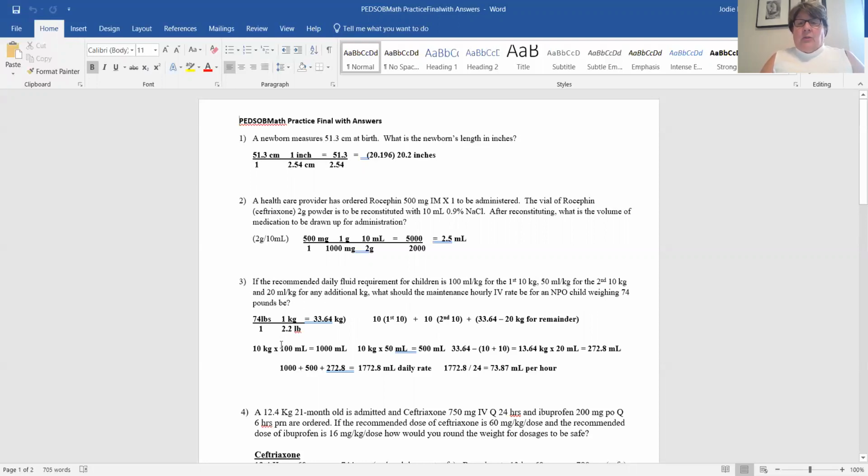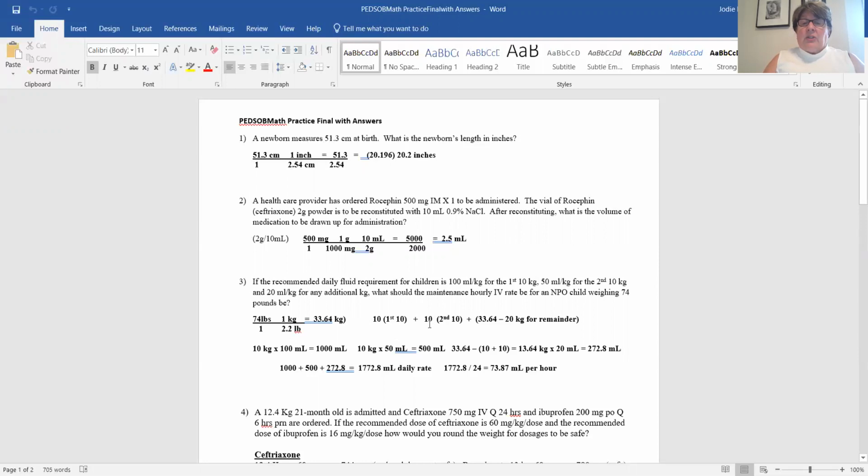So the first thing you're going to do in that problem is convert the 74 pounds to kilograms. When you look at 33.64 kilograms, you know that the first 10 kilograms is going to be at 100 mils per kilogram. So you've got your first 10 kilograms right here, and that's going to be 1,000 milliliters.